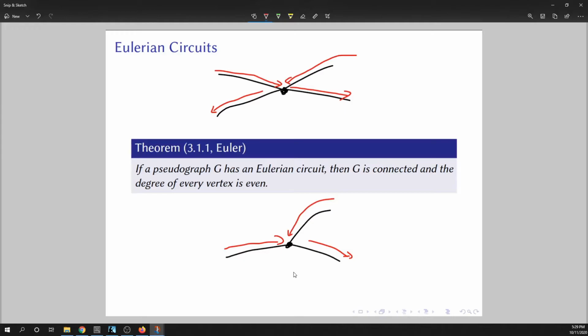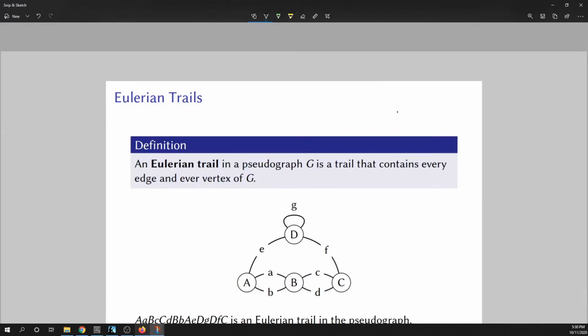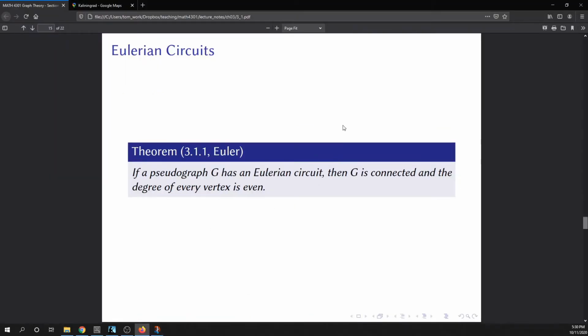Okay, so that's the idea behind this proof right here. If you have an odd vertex, then that is going to destroy the circuit there.